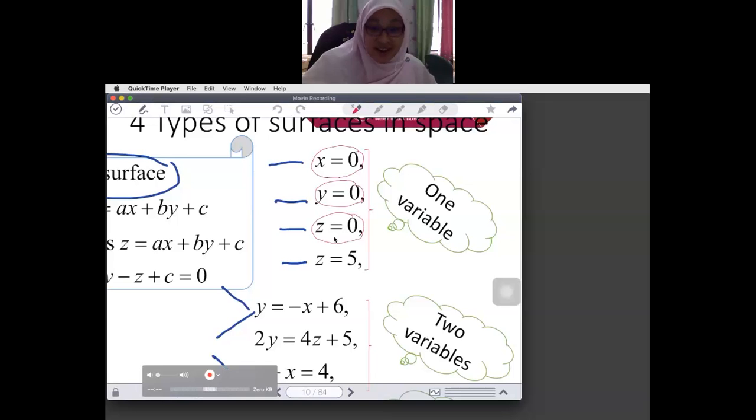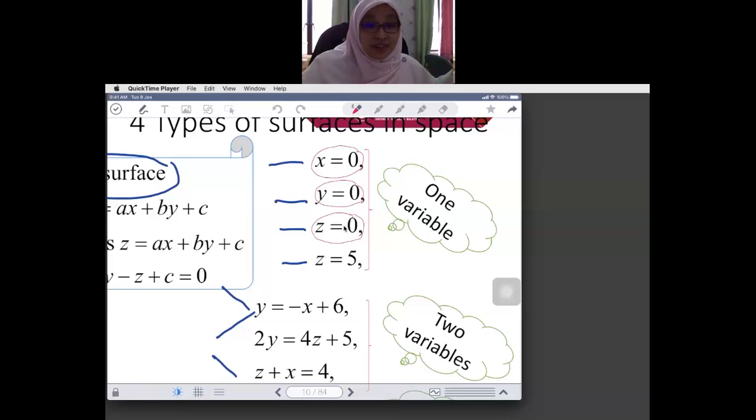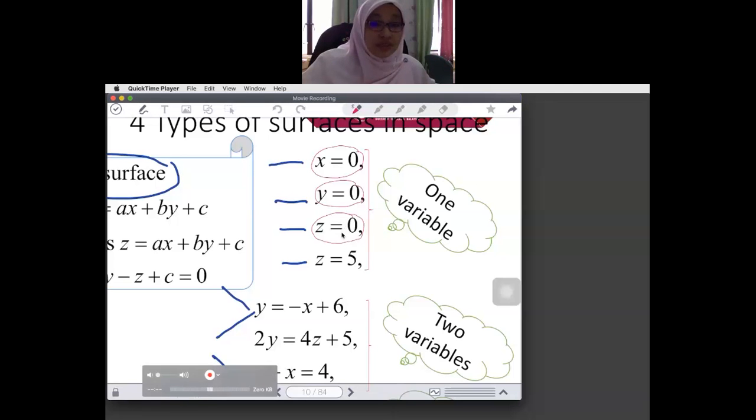Yes, that's correct. These are coordinate planes, where z equal to 0 is the floor. Imagine you are in the classroom. So z equal to 0 is the floor, the base, and y equal to 0 is your side wall where there is a window, and x equal to 0 is your front wall where there is a whiteboard. So these planes are called coordinate planes.